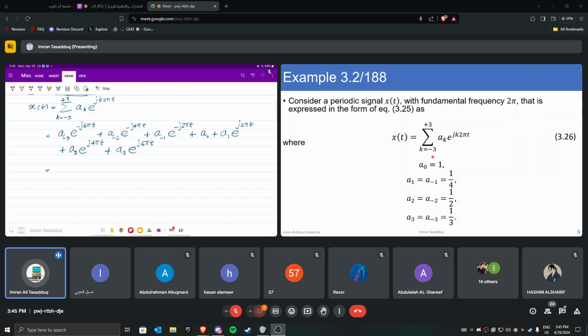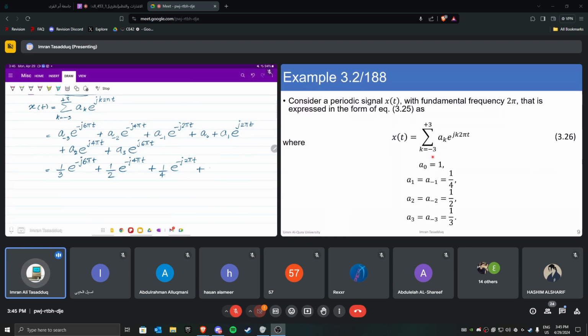a minus 3, a minus 2, a minus 1, all of these are given. So let's put them. a minus 3 is 1 by 3, so 1 by 3 e to the power minus j 6 pi t. a minus 2 is 1 by 2, so it is 1 by 2 e to the power minus j 4 pi t. Plus a minus 1, which is given as 1 by 4 e to the power minus j 2 pi t, right?